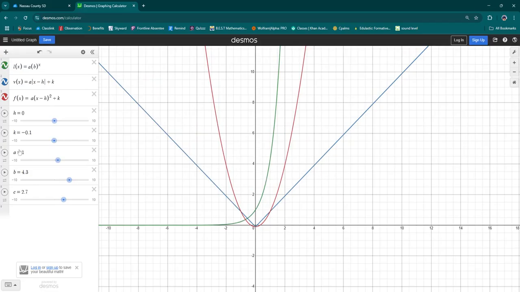Now, if I want to make these wider or narrower parabolas or absolute values, bring the two v's together, or bring the legs of the parabola closer together, or spread them further apart, I need to change the a value, right?